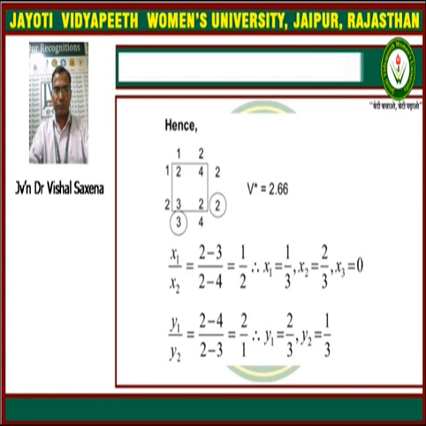And in the same way, y1 upon y2 is given by 2 minus 4 upon 2 minus 3, and this is 2 upon 1, and therefore y1 is equal to 2 upon 3 while y2 is equal to 1 upon 3.